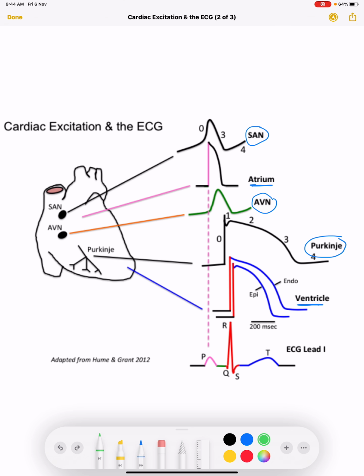So our impulse starts from SA node, we know that, and this is the action potential of the SA node. So SA node has this type of action potential. Impulse is generated in SA node. It travels to both of the atria and depolarizes the atrium. And this atrial depolarization, which is shown in this graph, is represented as a P wave in the ECG.